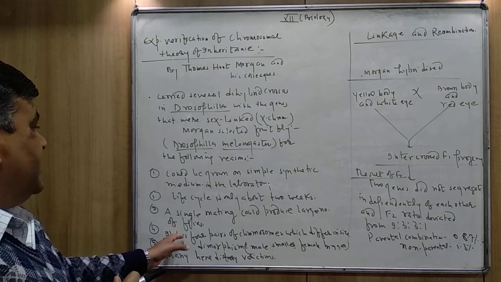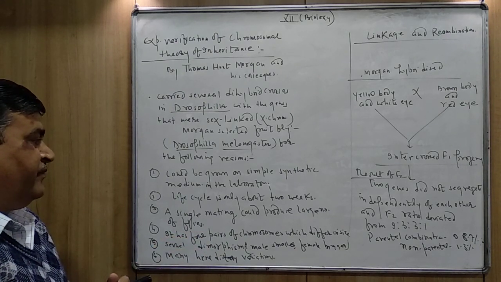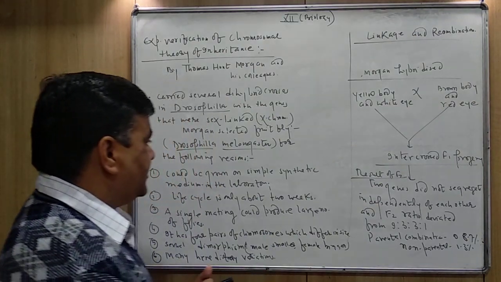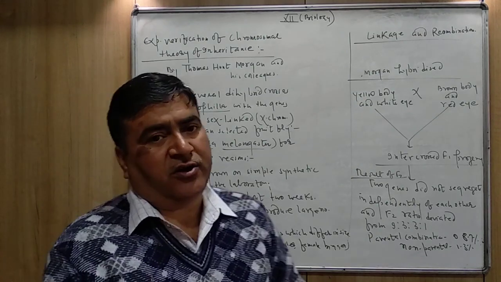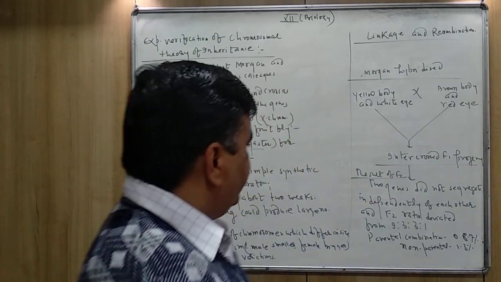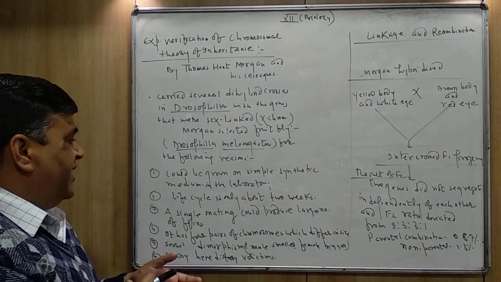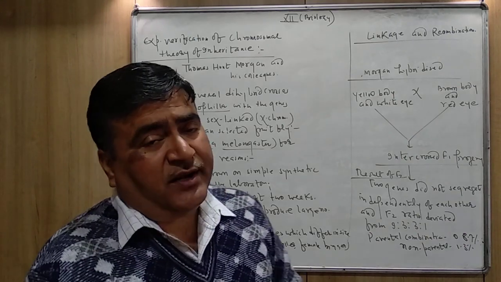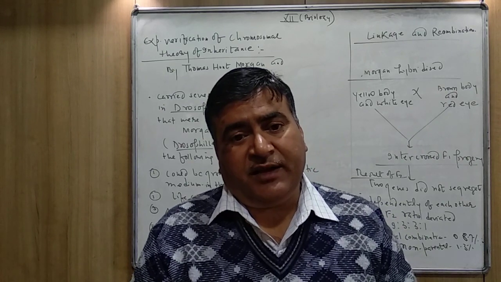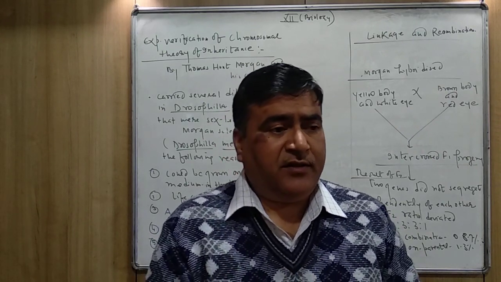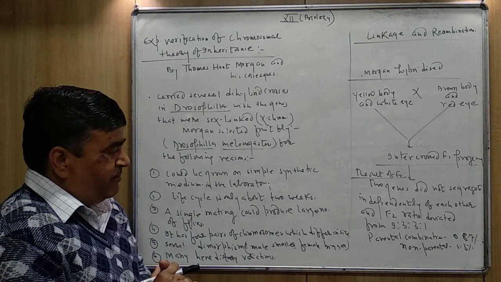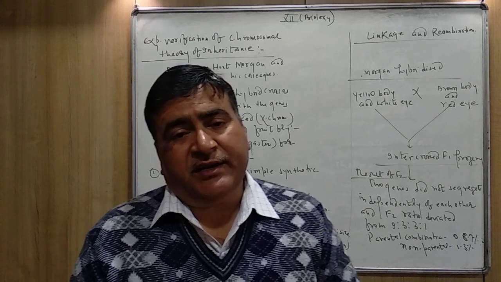Drosophila has 4 pairs of chromosomes. The total number of chromosomes is 8, and these chromosomes are not identical; they are different in their size. Also, there is sexual dimorphism. In the fruit fly, the male and female can be easily distinguished: the male is smaller and the female is bigger in size.